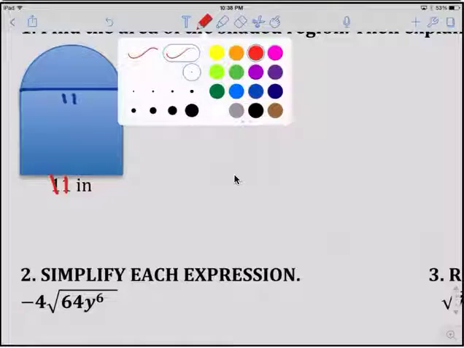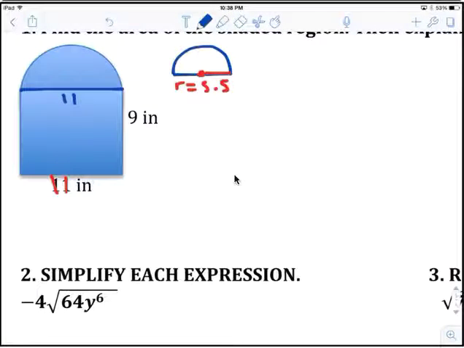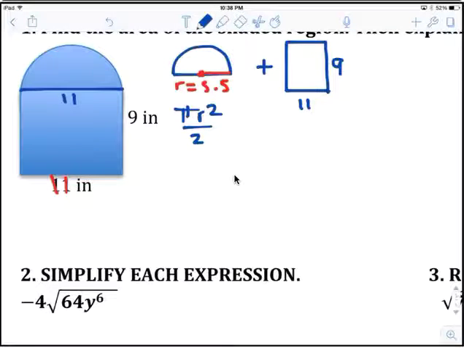Plus 11 and 9 here. So the area for this is pi r squared divided by 2.